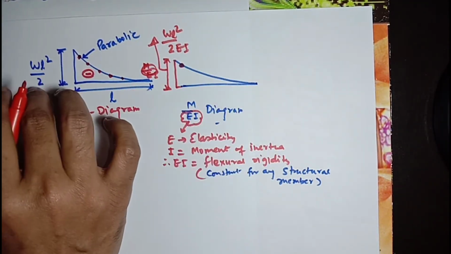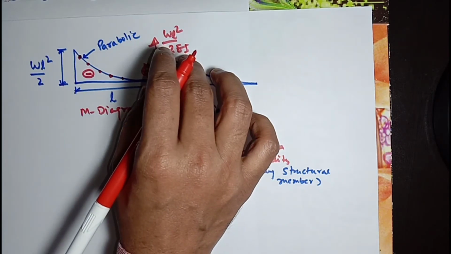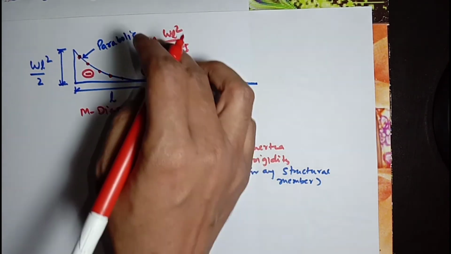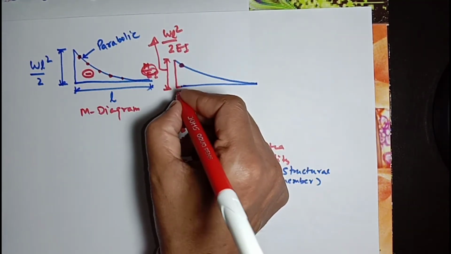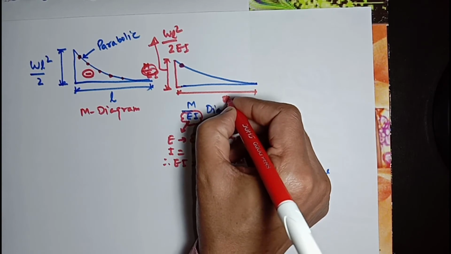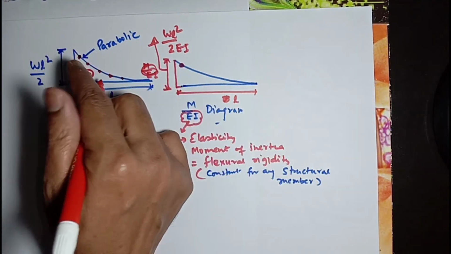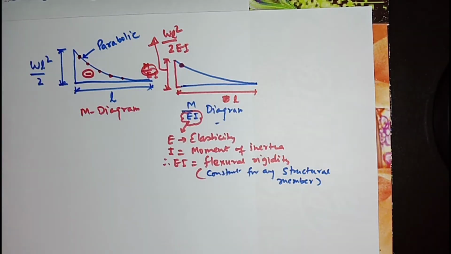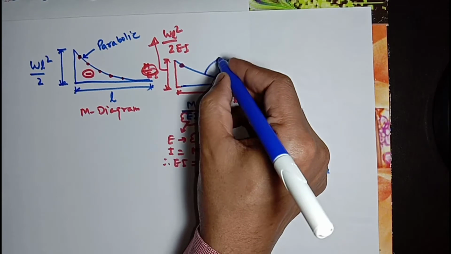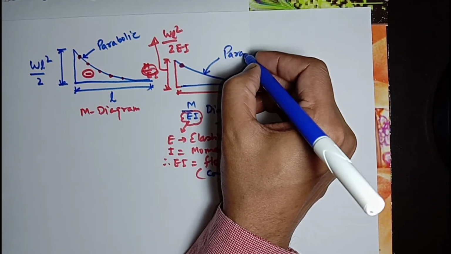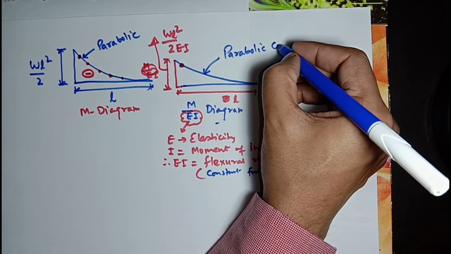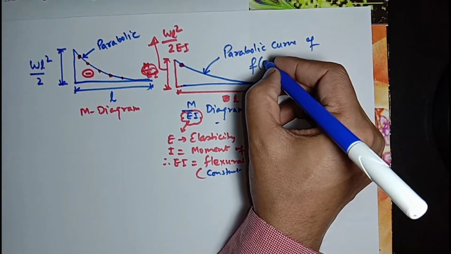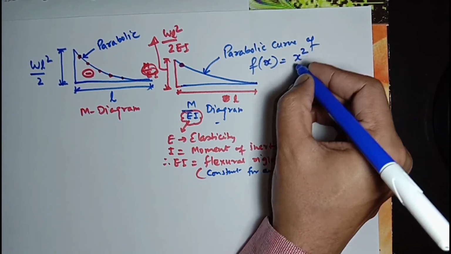We have divided WL square by 2 by EI. So the maximum value in the M over EI diagram will be WL square by twice EI, and the length will be the same. The x coordinates stay the same when dividing by EI, so the curve will be the same. It will also be a parabolic curve of function x square.